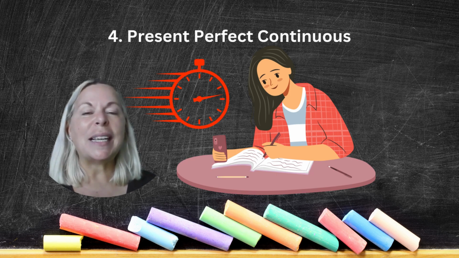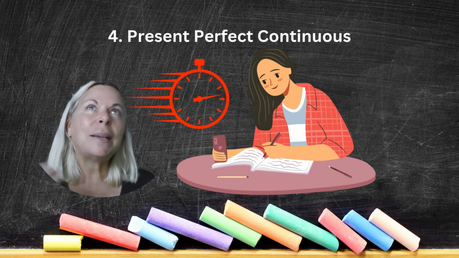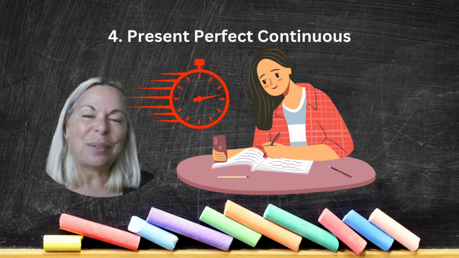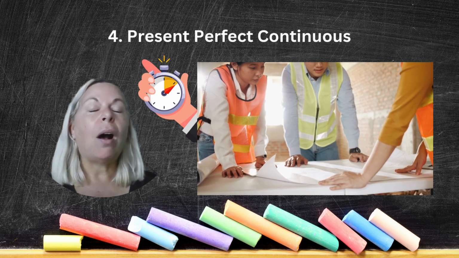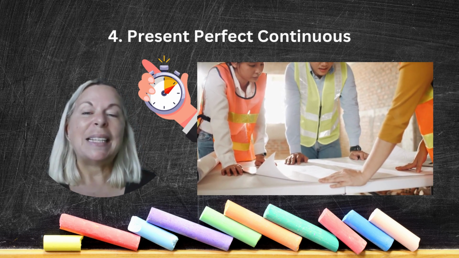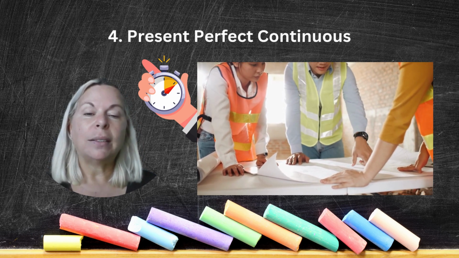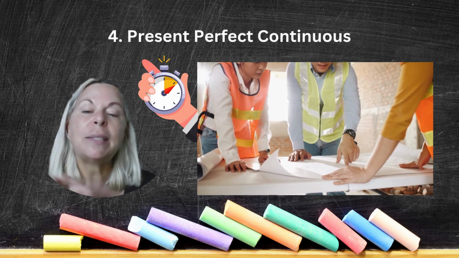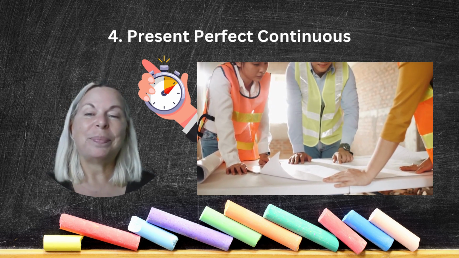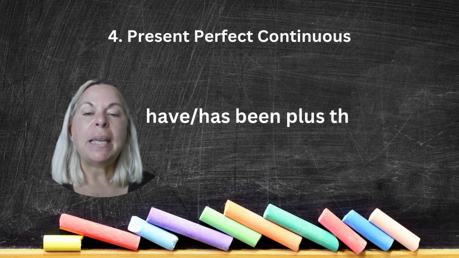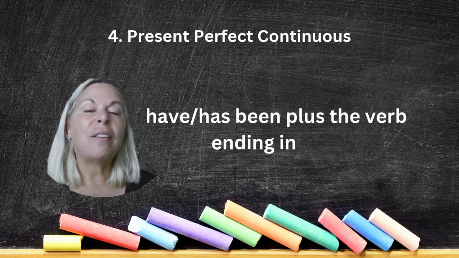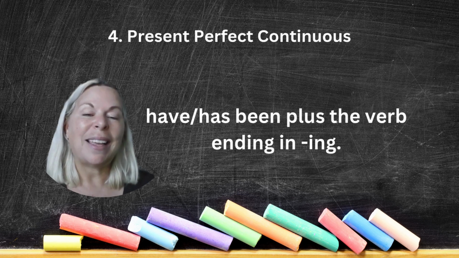I started studying in the past and I'm still studying now. And they've been working all day. It's still going on. And it's clear it's been a long time. We form it with have, has, been, plus the verb ending in ing.